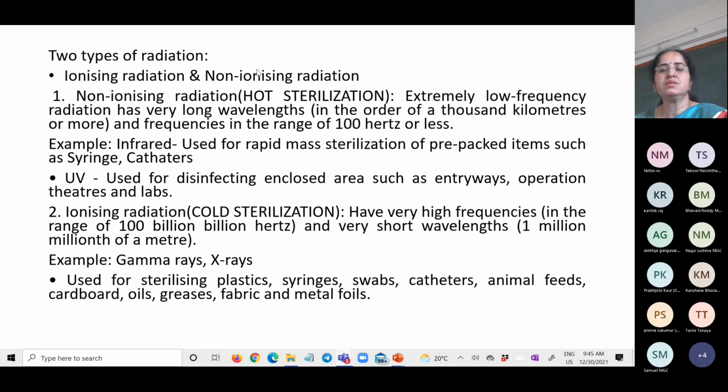Now, these points we have discussed in our previous class also, ionizing and non-ionizing radiations. So, non-ionizing radiations are hot sterilization.